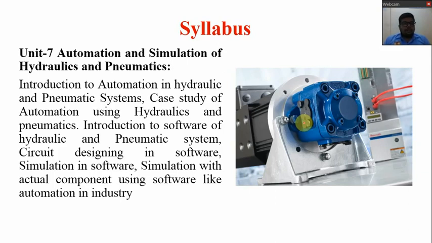Automation is, you can say, replacing humans, and it gives greater accuracy and time management in comparison with human workers. Similarly, in hydraulic and pneumatic systems, different types of automation and simulations are used. So we will go through the introduction to automation in hydraulic and pneumatic systems.